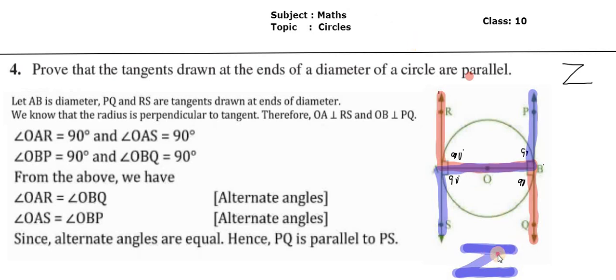If we remove this line, what is the shape of this? It is parallel, right? So here also, if you remove this line, the lines are parallel. Like this we need to give the explanation. I hope all of you understood: if alternate angles are equal, then the lines are parallel.